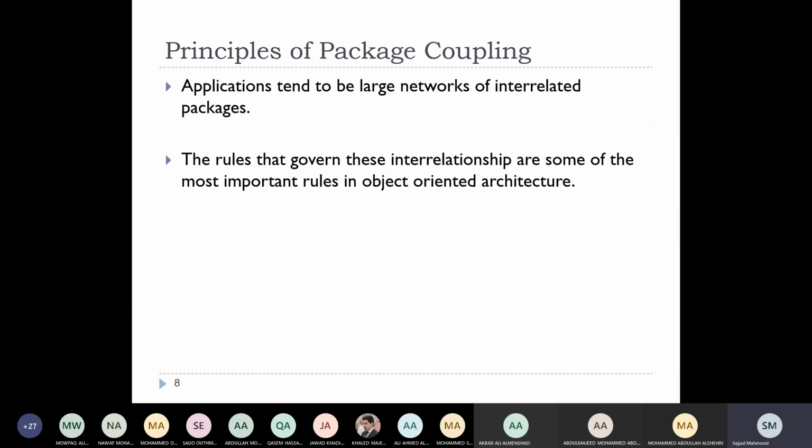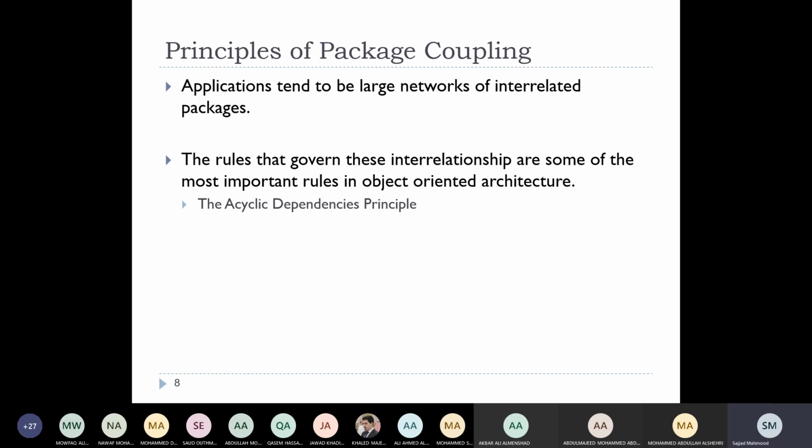So, these relationships are very important, and they are there for a reason. All we are trying to do is, when we are packaging the classes into packages, make sure that somehow we minimize the relationships or dependencies between the packages.